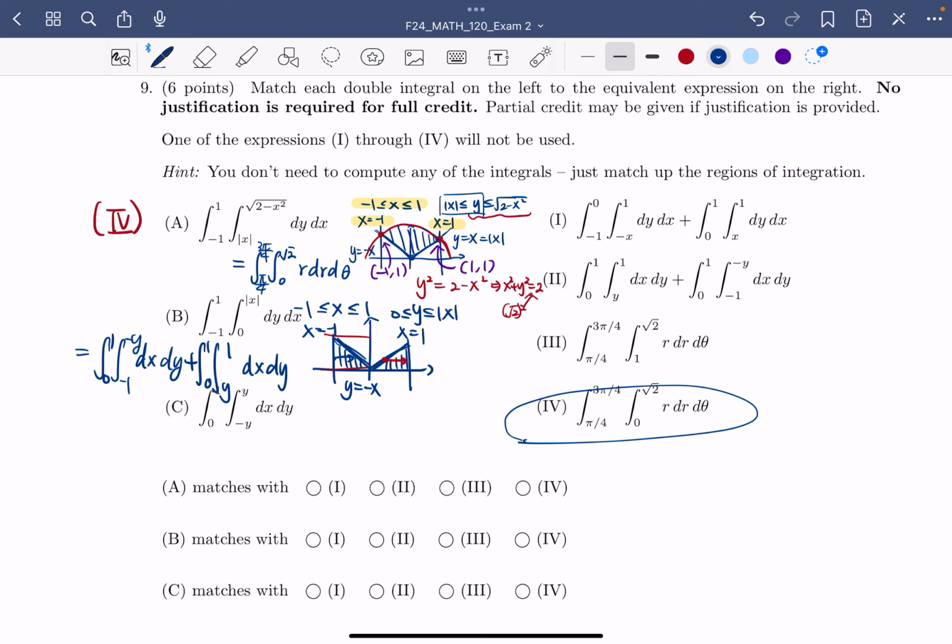So the equivalent expression for this integral is number 2, right? Because this part matches this part of the integral, and that part matches that part.